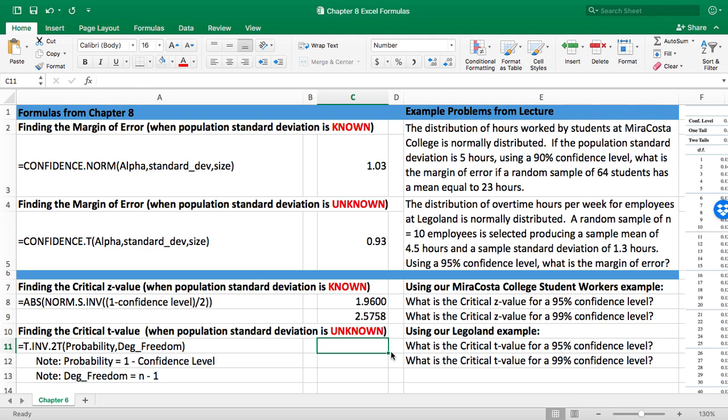So here, if we wanted to know a 95% confidence level for the Legoland story, we do equals T.INV.2T parentheses, and our probability, again, is just 1 minus the confidence level, so 1 minus 0.95.